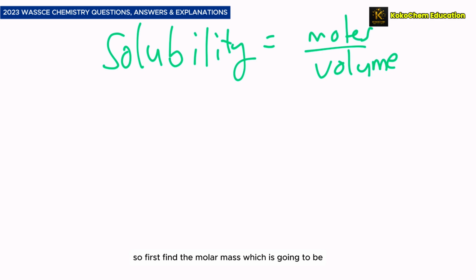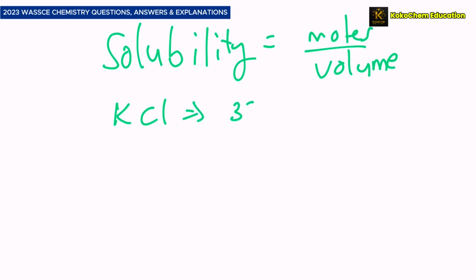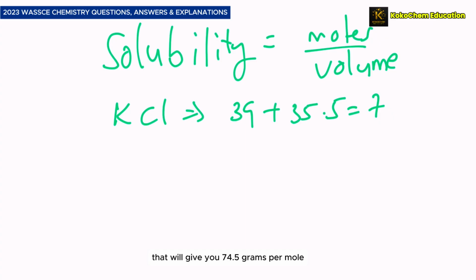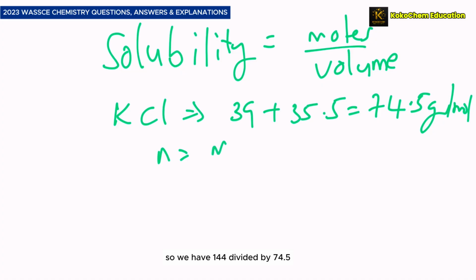So first, find the molar mass, which is 39 plus 35.5. That will give you 74.5 grams per mole. Now that you have the molar mass, moles equals mass over molar mass.